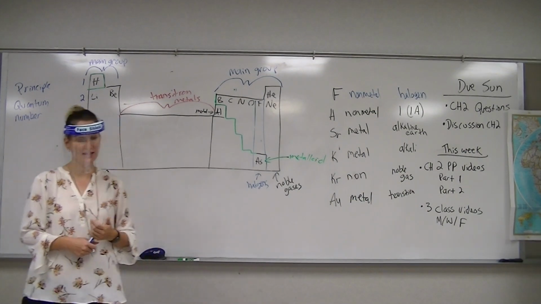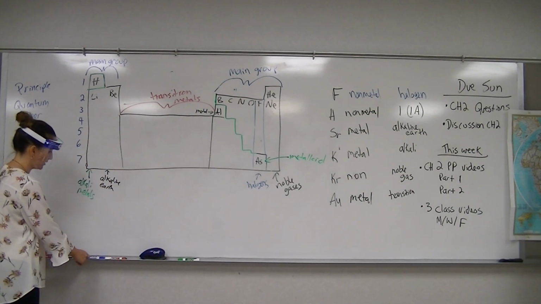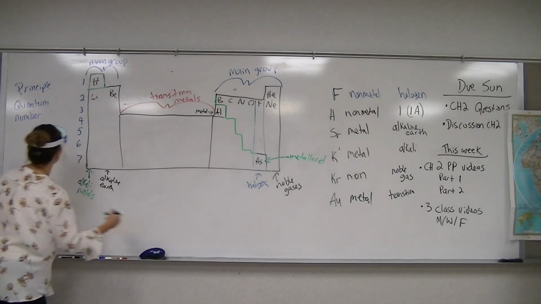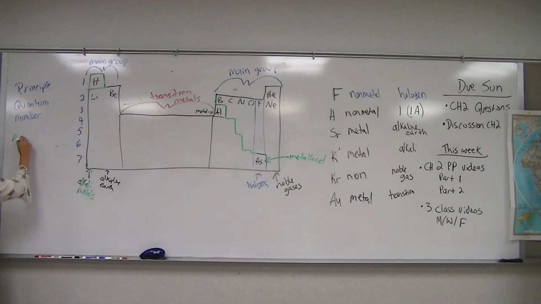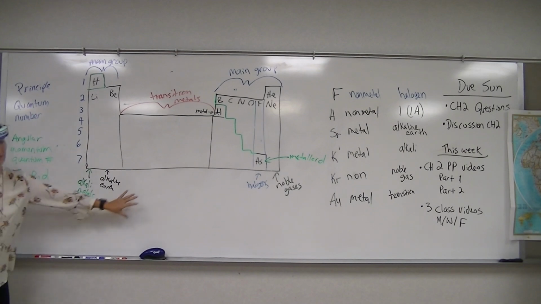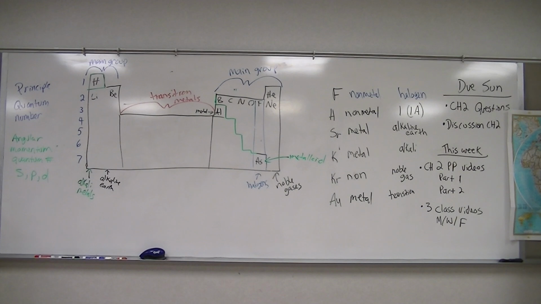What we're going to look at next is angular momentum quantum number. So I'm going to use a different color for that. Okay, these are going to be my S's, my P's, my D's. There's also F's, but F's are the lanthanides and actinides way down here, so we're going to ignore those for now.